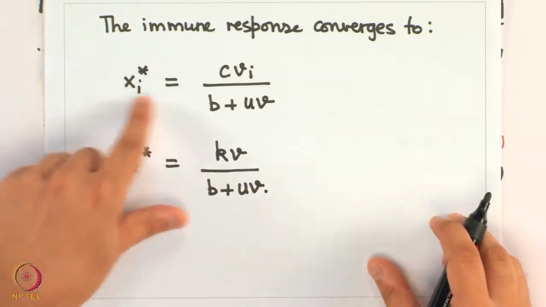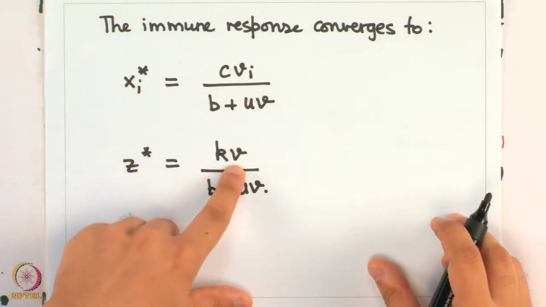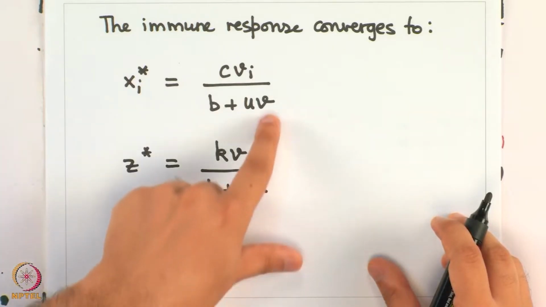As you can see, this is proportional to the specific viral load, this is proportional to the total viral load, but these are also normalized by the total viral load.